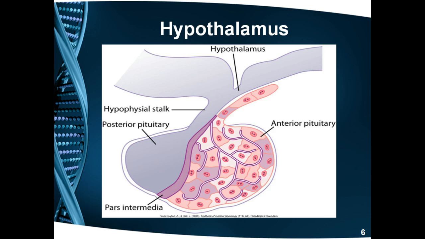Think of the hypothalamus as almost like the control center. Some of these hormones are released into the blood and travel to the anterior pituitary, where they either stimulate or inhibit, which means stop, the release of anterior pituitary hormones.